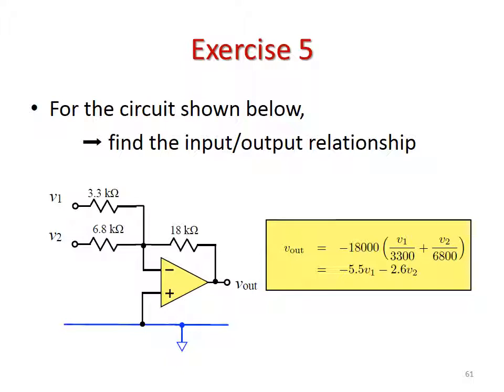So if you calculated this out properly, our V out equals minus 18,018 kilo ohms times the sum of V1 over 3,300 ohms plus V2 over 6,800 ohms. And so that's going to give us our equation there if we multiplied it out: minus 5.5 V1 minus 2.6 V2.